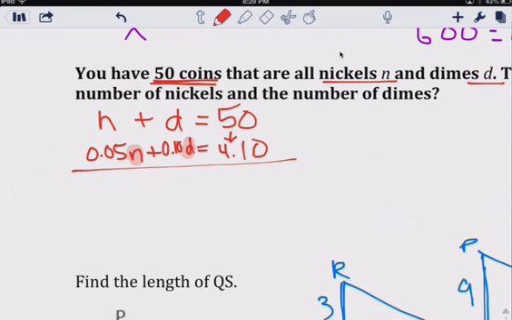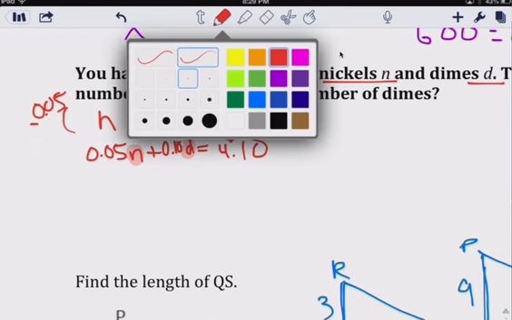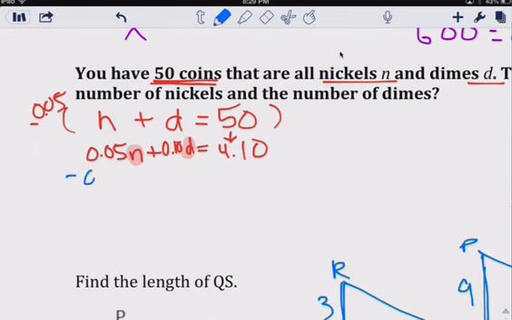Okay, now, you need to make one of them equal to 0. Best to make it 0.05. Multiply all of them by 0.05. You got a calculator. I'm going to erase this and put it underneath that. Negative 0.05 times that, negative 0.05 dimes. Let me check and make sure.